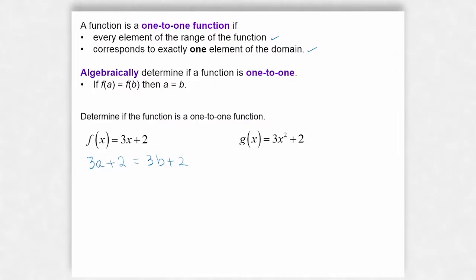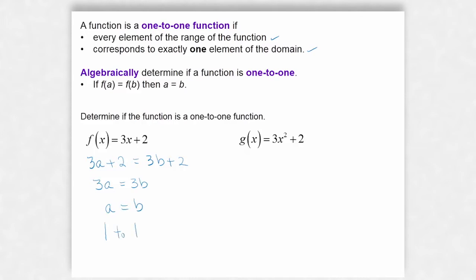So I'm going to subtract a 2 from both sides of the equation. This gives me 3A equals 3B. And notice if I divide both sides of the equation by 3, A equals B. Those inputs are equal. So what we do have is a one-to-one function.